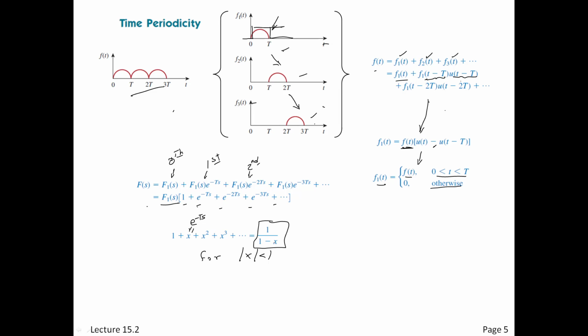But as long as the magnitude of x is less than 1, you get a large number, but you won't get infinity because you won't have a 0 base. And so for that, you can have F of s equals the Laplace of the primary function over 1 minus e to the minus Ts.